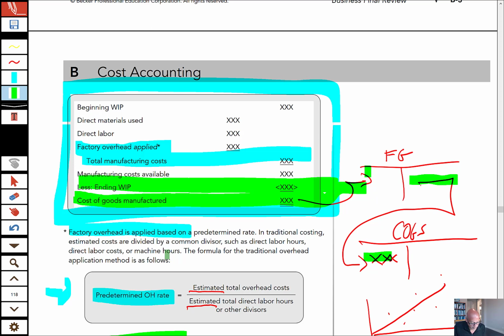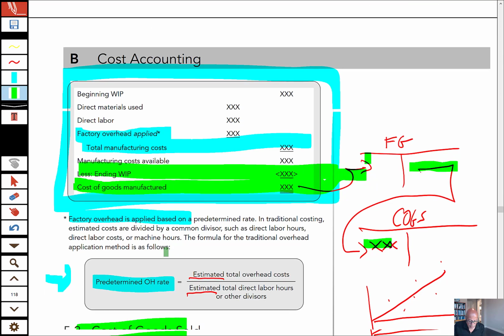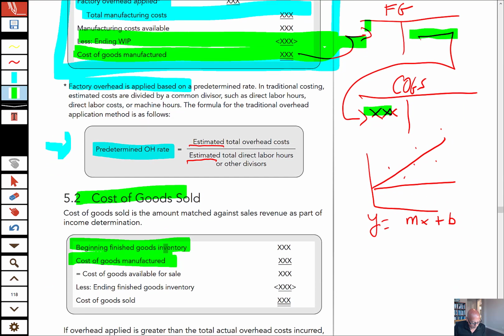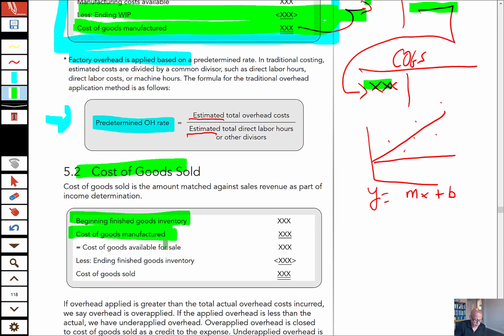But the stuff that comes out of work in process and goes into finished goods is called the cost of goods manufactured, okay? Let's say that right. And then we have our beginning finished goods inventory. It's worth realizing here, the account we're analyzing is finished goods, right?